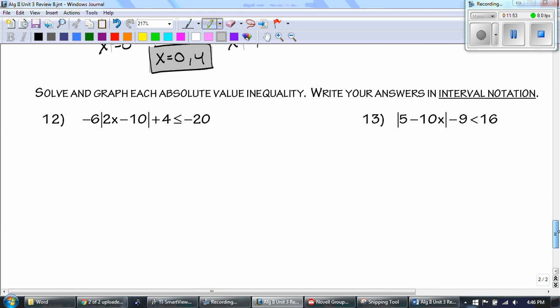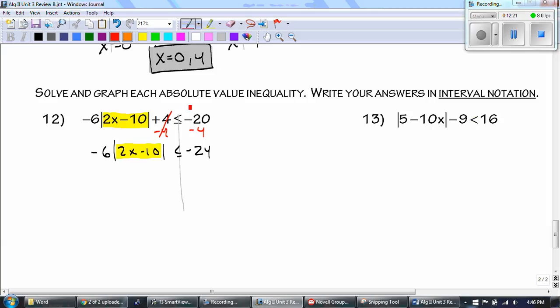All right, last two. Solving and graphing absolute value inequalities. Same thing as what we talked about in review A. I need to get the absolute value by itself first. So to do that, I'm going to subtract 4 from both sides. I have negative 6 times the absolute value of 2x minus 10 is less than or equal to negative 24.